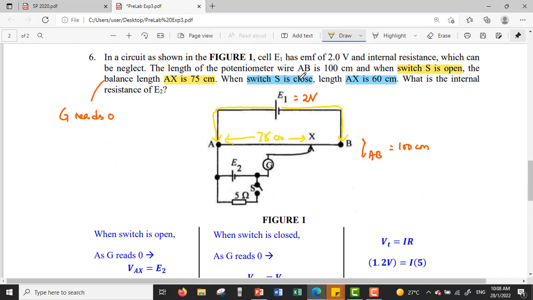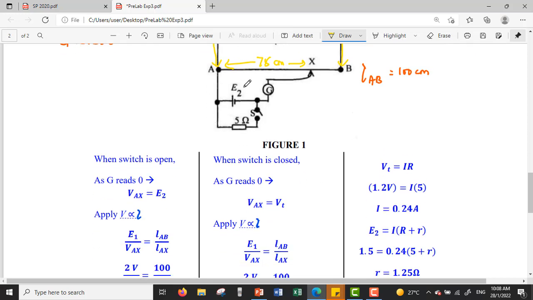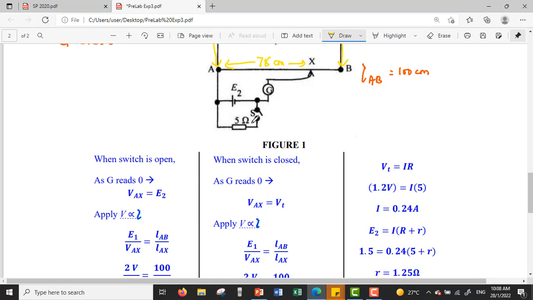Then we use the condition of switch S closed, with the new balance length, to determine the terminal voltage. When switch S is closed and G reads 0, the voltage across the balance length of 60 cm is equal to the terminal voltage across the external resistor. So VAX equals V terminal.